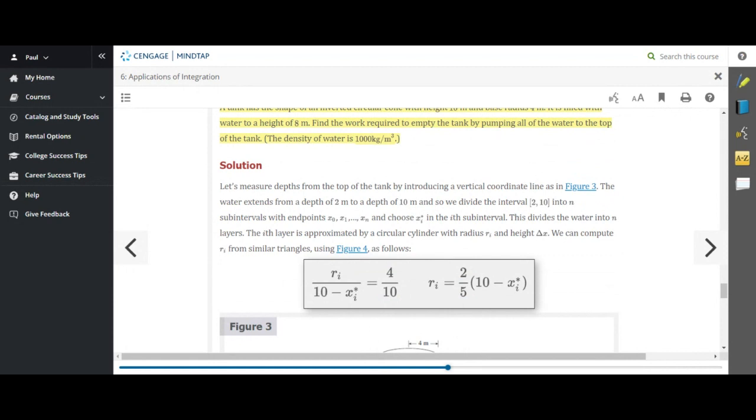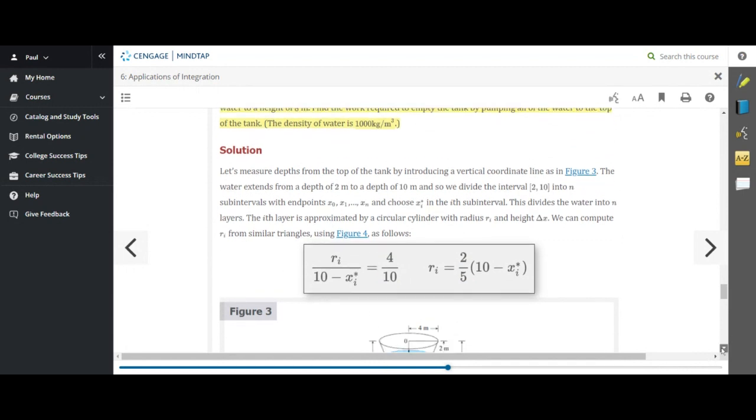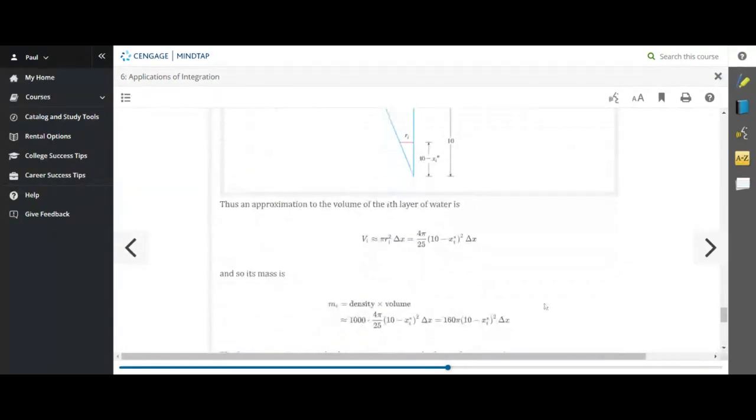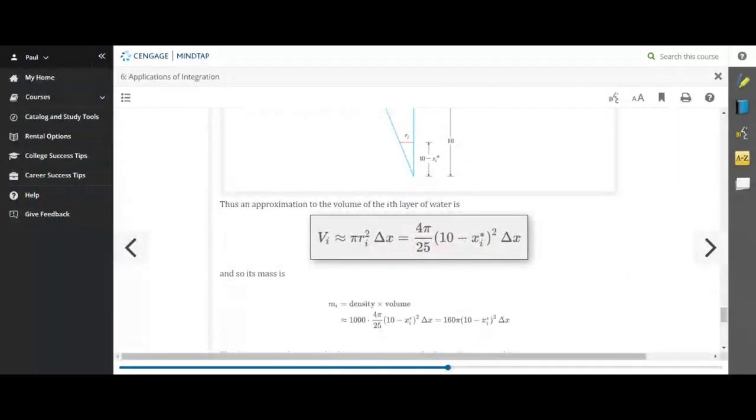Now we can find an expression for the volume of the ith layer of water. The volume is pi r squared times delta x. Well, r was 2/5 times the quantity 10 minus xi. Let me show that real quick on the whiteboard.